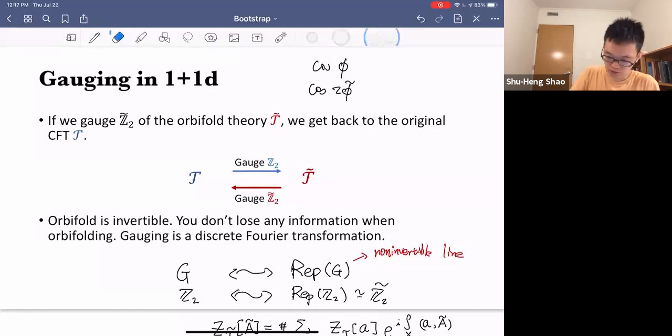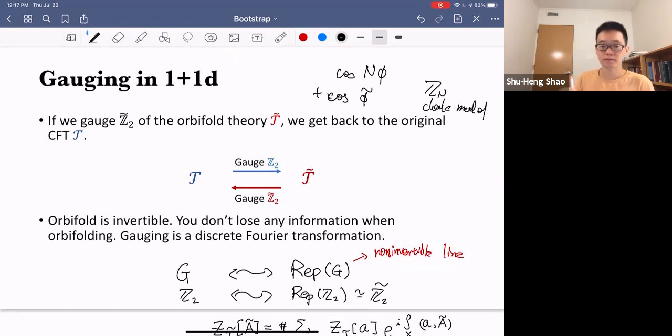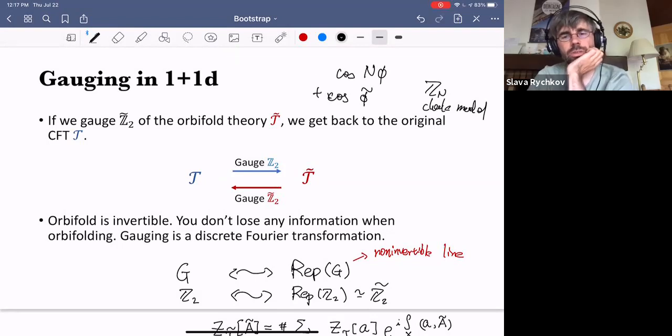Or more generally, actually, let me do it this way. Cosine phi tilde and cosine n phi. And I think that takes you to the Zn clock model. That's a very interesting flow. And what can you say about this model using the anomalies by this flow?